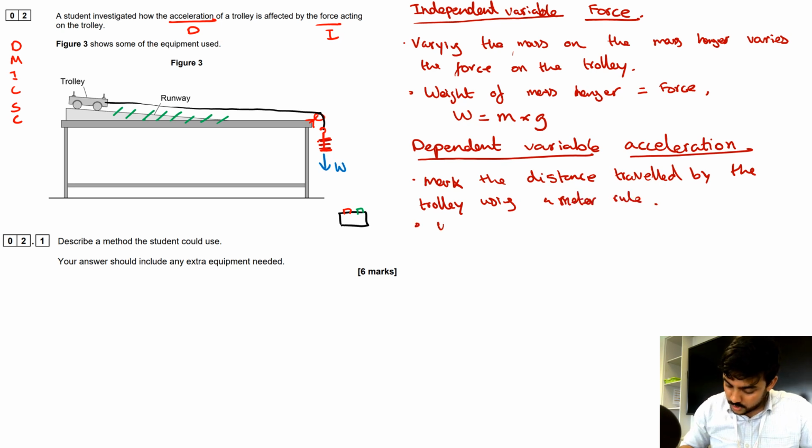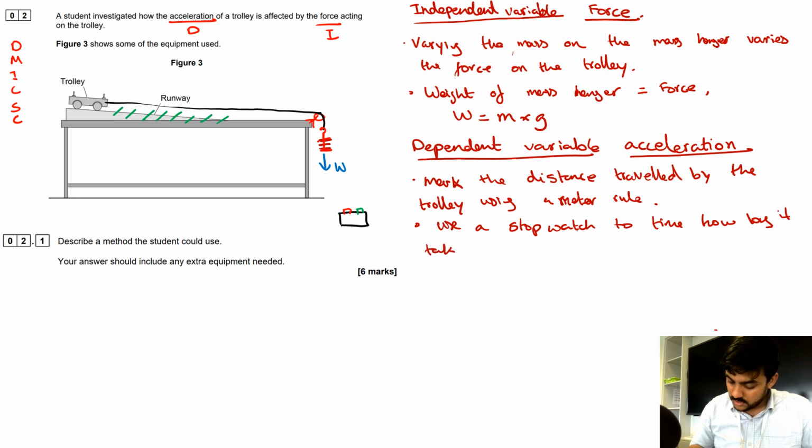Then use a stopwatch to time how long it takes for the trolley to move this distance.